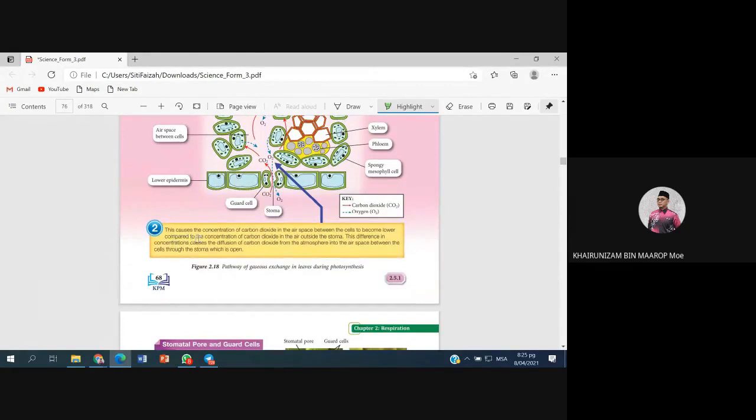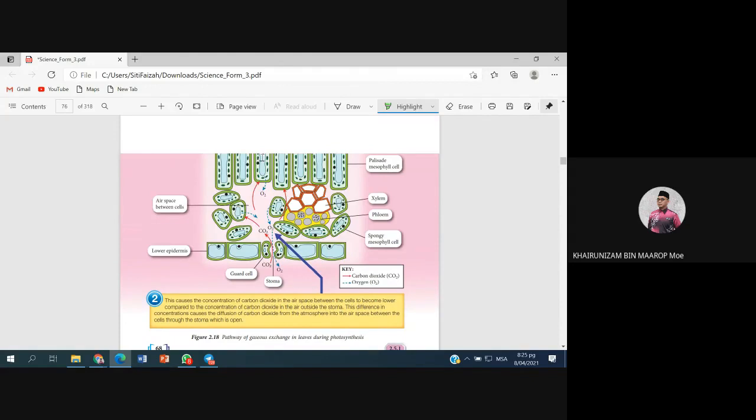Okay, and then look at number 2. This causes the concentration of carbon dioxide in the air space between the cells to become lower compared to the concentration of carbon dioxide in the air outside the stoma.